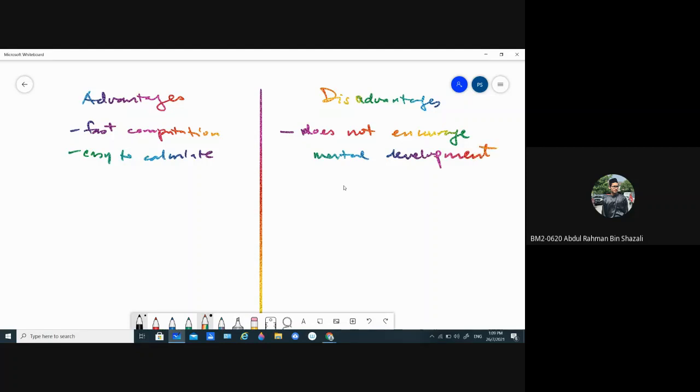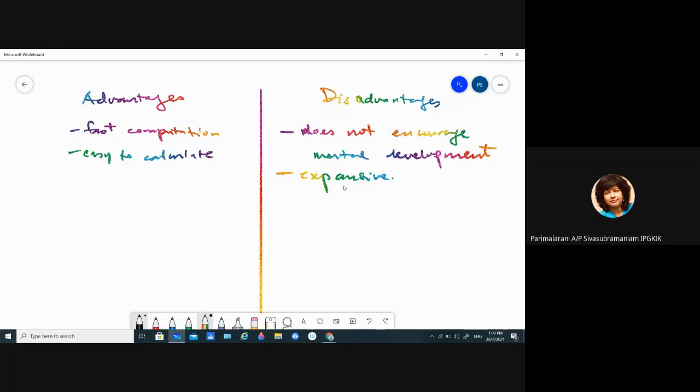Disadvantage. How much is a calculator nowadays? Anybody has any idea? Above 50. Above it, I can't remember. Oh, so expensive. Okay, that is your scientific calculator, right?